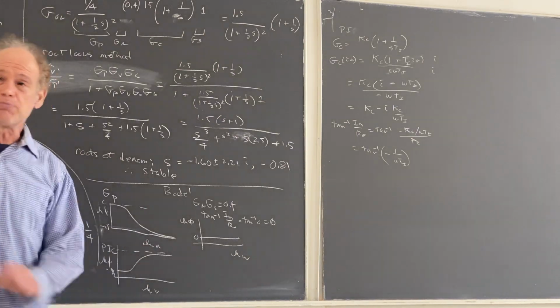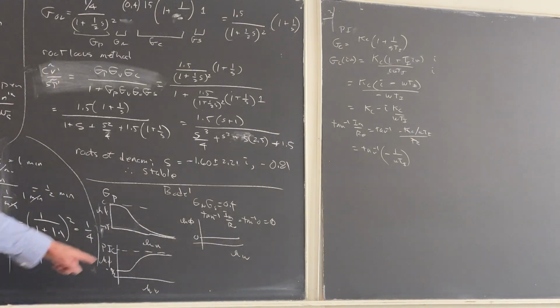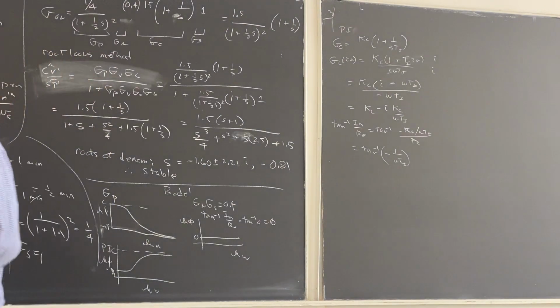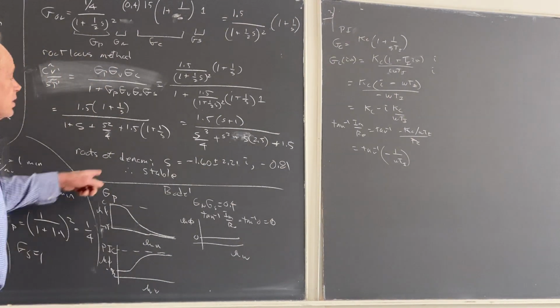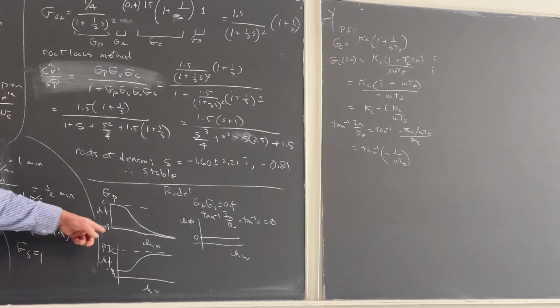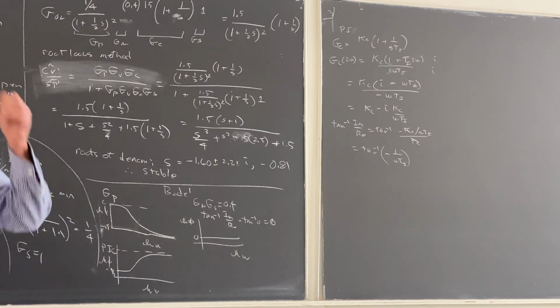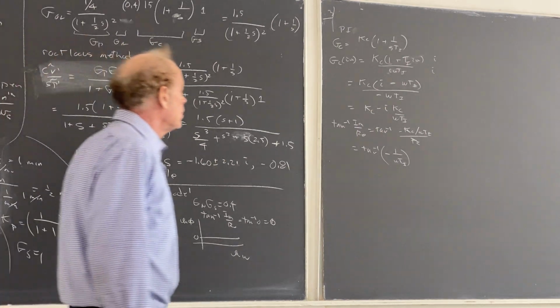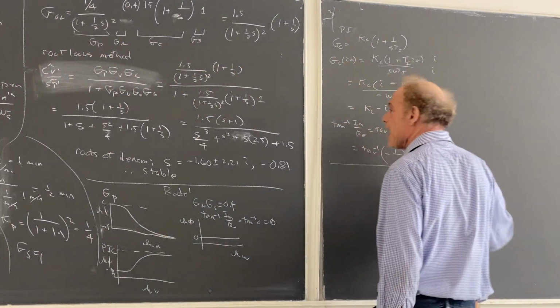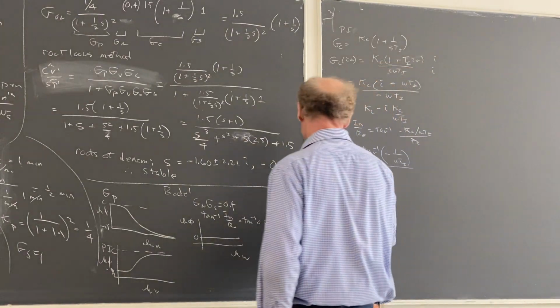So in this case, for Bode stability, this thing adds nothing, because it's 0. So the Bode stability criterion agrees with root locus. It also says it's stable, because I can't get to minus pi. Is that clear? Okay, so what happens when I modify this example?